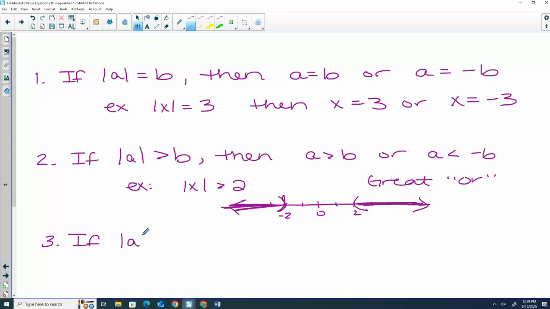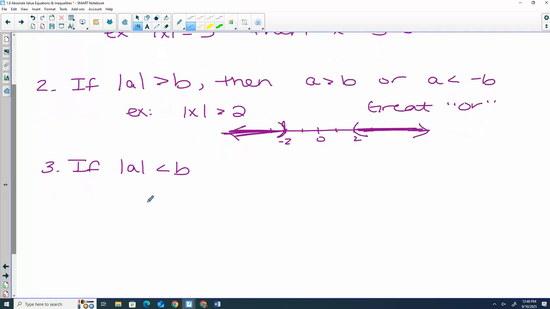If the absolute value of A is less than B, do you guys remember what the less thans were? Those were our ands. Do you guys remember, did you write them as 2 separate inequalities or a compound inequality last year? I don't really care.